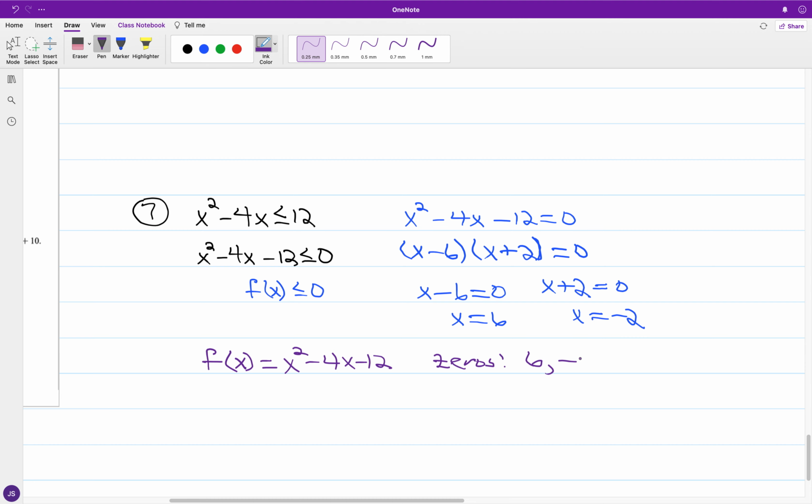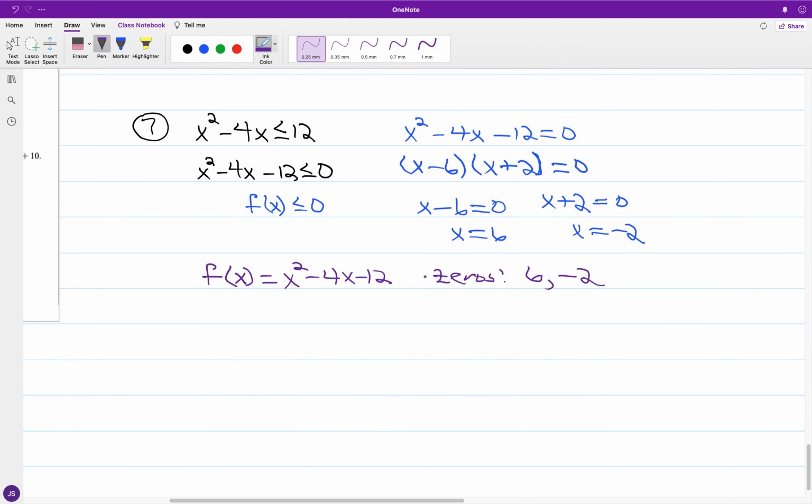And we don't have to worry about whether the zeros are in the domain, because with polynomial functions, where everything is given in direct fashion, with no even root radical and no fraction, the domain is the set of all real numbers.